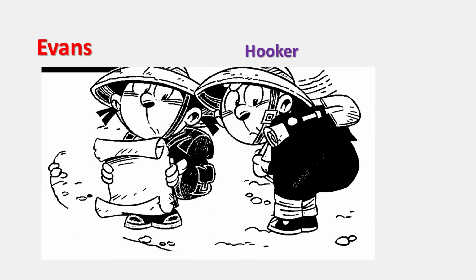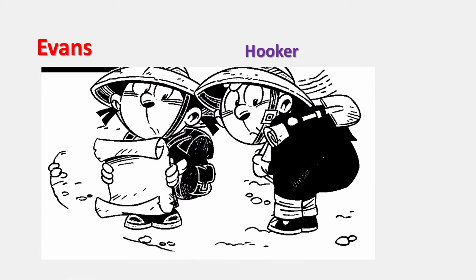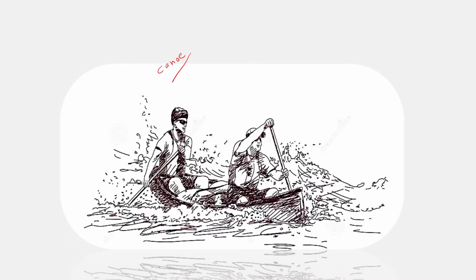When the story starts, we see that Evans drives the canoe, or small boat, and Hooker has a map, looks at it and interprets the different signs drawn on the map. Moving ahead, we find that they are very thirsty and very hungry.